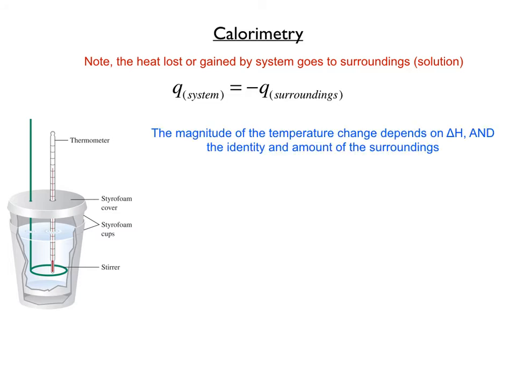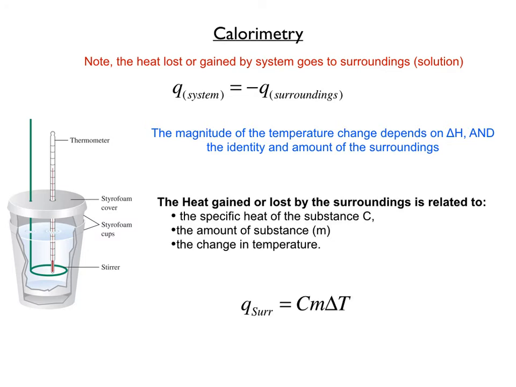We're going to be measuring the temperature change, and how much change in temperature there is depends on a few things. It depends on the enthalpy, and it depends on the identity and the amount of the surroundings. Is this reaction taking place in water? Is it in 5 grams of water or 100 grams of water? Is it in a different substance? All of these things will have an effect on what the ultimate delta T of the reaction is.